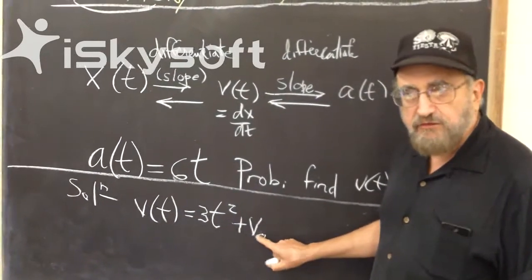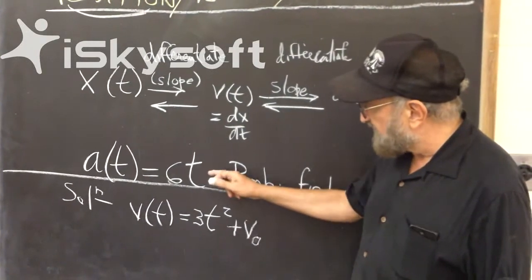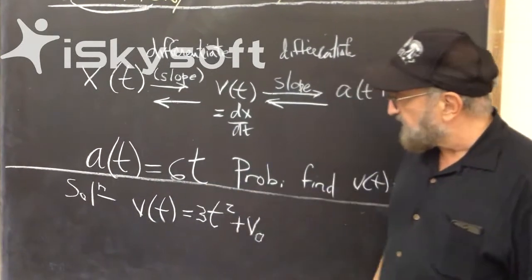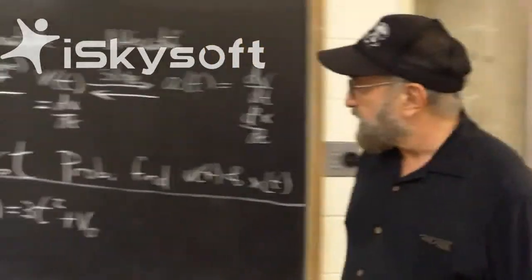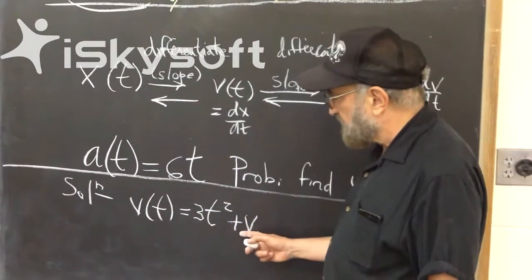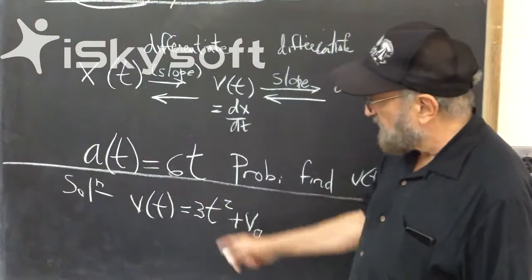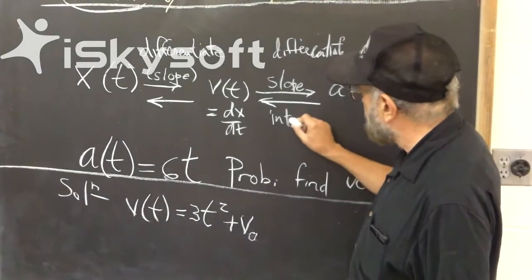A constant has a 0 slope, the derivative 0, so that still gives us as the acceleration 6t. So that's the answer. So notice you can always add a constant of integration. That's what we call it when we do this integration.